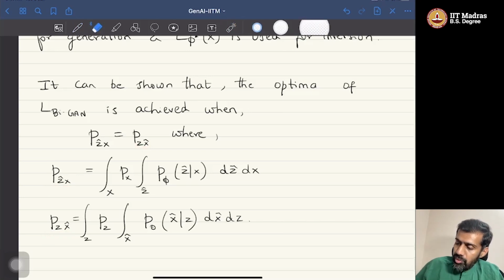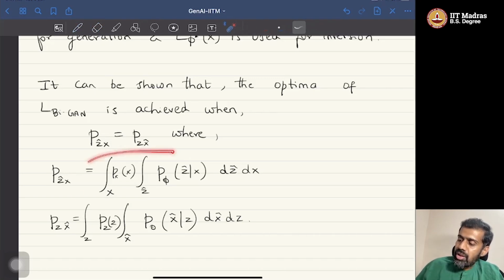So this is px, I can write this as px evaluated at an x, and this is pz evaluated at a particular z. This is simply the law of total probability that would write the joint distribution in terms of conditionals and marginals. So it can be shown.